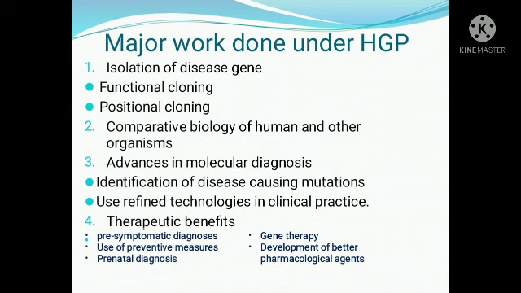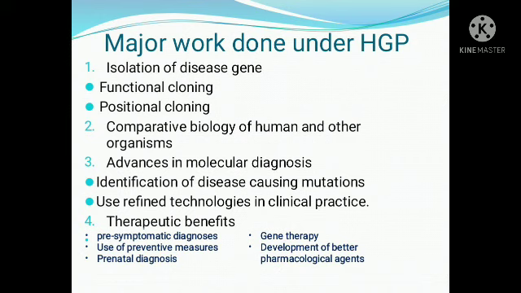Functional cloning is identifying the function of a gene, that is, what is the product of a gene? Protein. Positional cloning means identifying the position of the gene in the chromosome, which helps identify the loci of a gene. So functional cloning and positional cloning are done in order to isolate the disease gene.